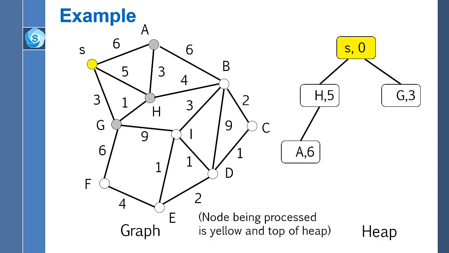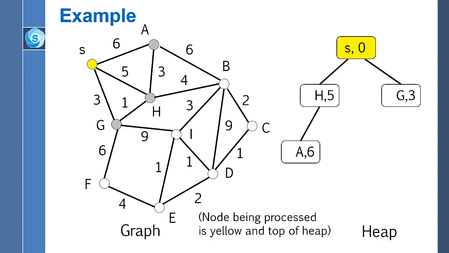Now we're currently using S. Well, what is S.D? S.D is 0. All right, well, if we take S.D and we add the weight of the edge connecting S to H, well, that's 5, right? So S.D plus the weight of the edge connecting S to H, that's going to be 0 plus 5. 0 plus 5 equals 5, right?